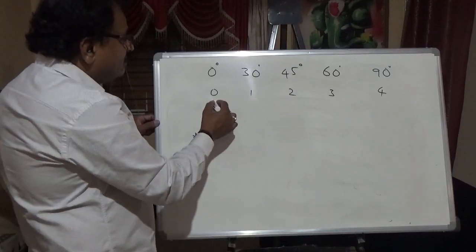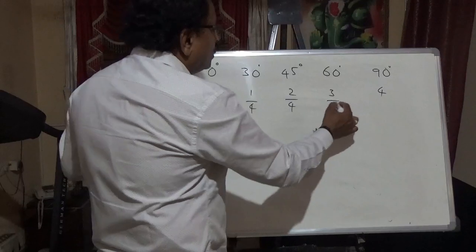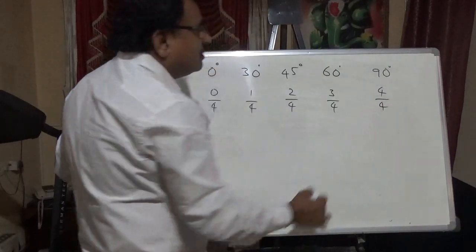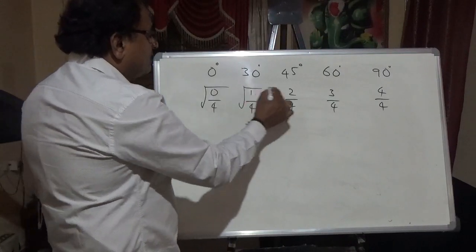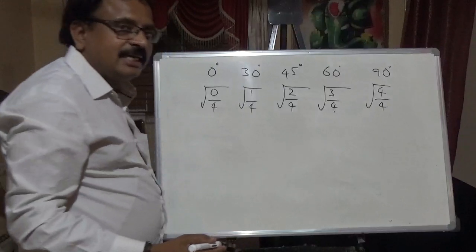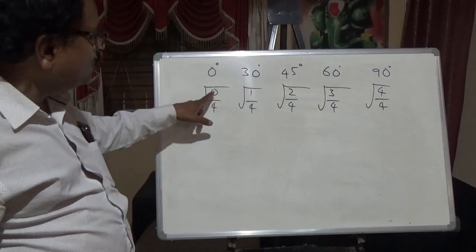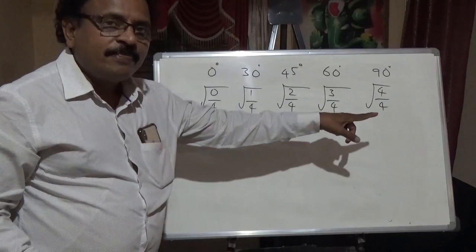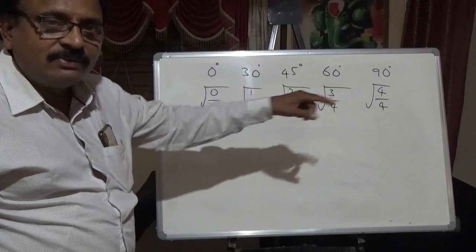Each value divide by 4: 0 by 4, 1 by 4, 2 by 4, 3 by 4, 4 by 4. Then take the square root for each value. This is the technique.